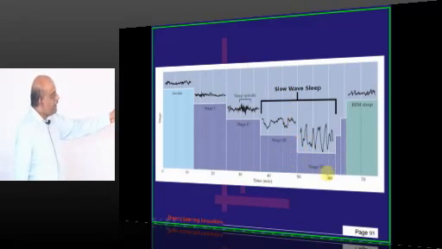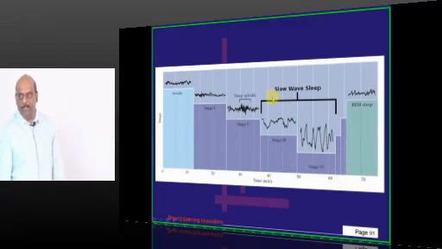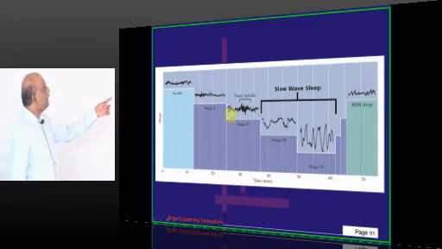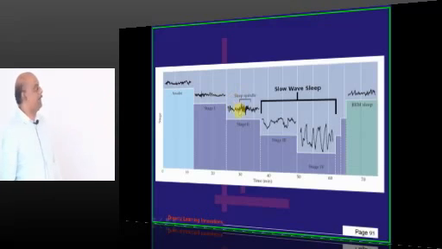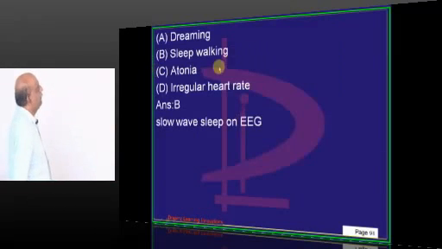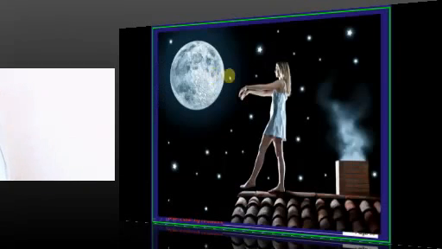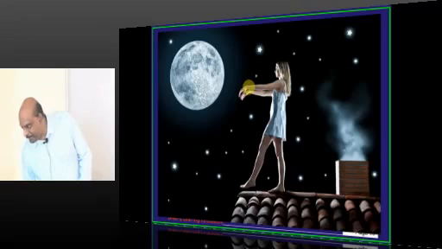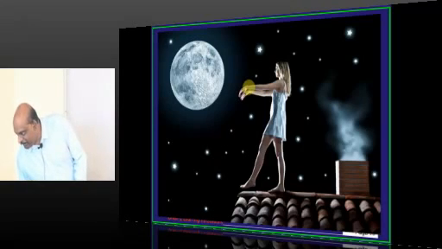So the stage 3 and 4 of the NREM are called slow wave sleep. Stage 2 is the place where you find sleep spindles, right, K complexes. So during this slow wave sleep, people will get sleepwalking as a habit. The sleepwalking is a complication that typically occurs.